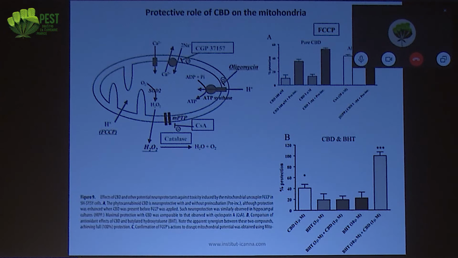If they expose mitochondria to chemicals, toxins, other molecules that would disrupt how the mitochondria produce energy, if CBD was present, the mitochondria were able to maintain their role even if there were chemicals around. If the CBD wasn't there, the mitochondria would either die or have a drastically reduced activity.